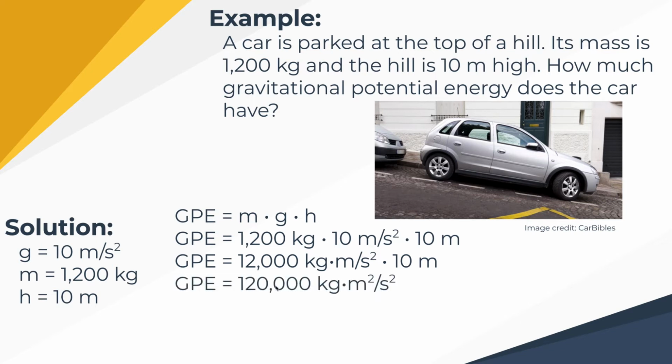Last multiplication, 120,000 kilograms times meters squared per second squared. And this funky unit that is kind of confusing to look at, that is a joule. So my final answer would be 120,000 capital J for joule, or joules written out with a lowercase j.